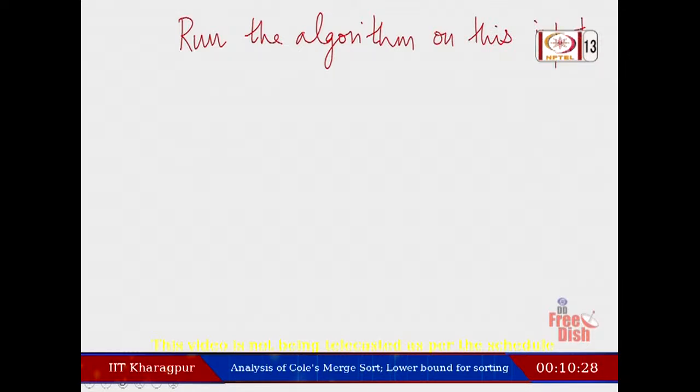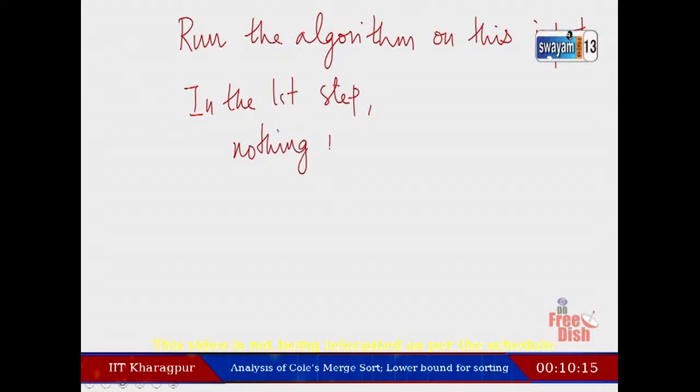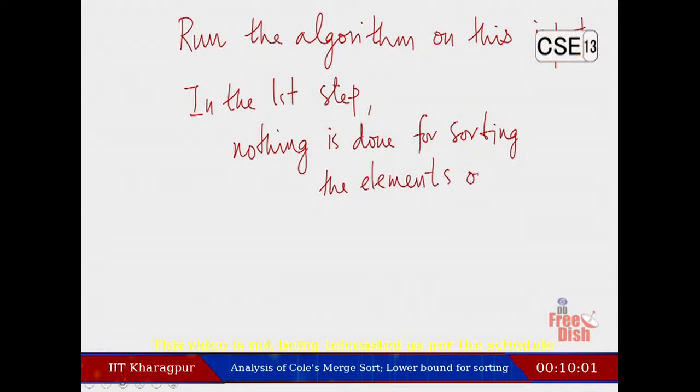Then what we find is that in the first step, your algorithm doesn't do anything for sorting the elements that are placed on the maximal independent set. Why is that?